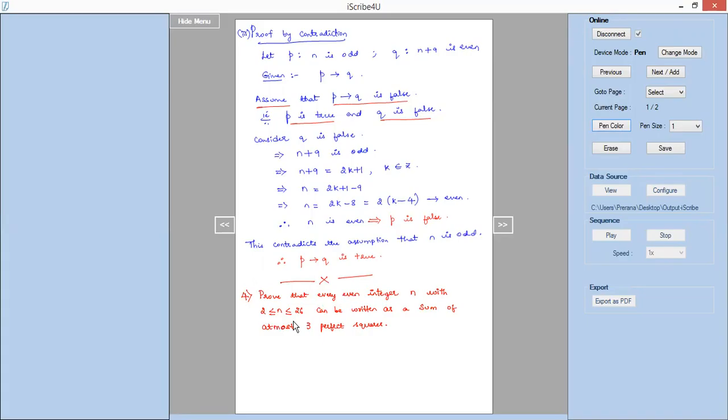So let us recall what is the proof by exhaustion. It says that for every x belonging to the universe S, P of x is true. We have to prove the statement. Here the statement is that every even integer is written as a sum of at most 3 perfect squares.